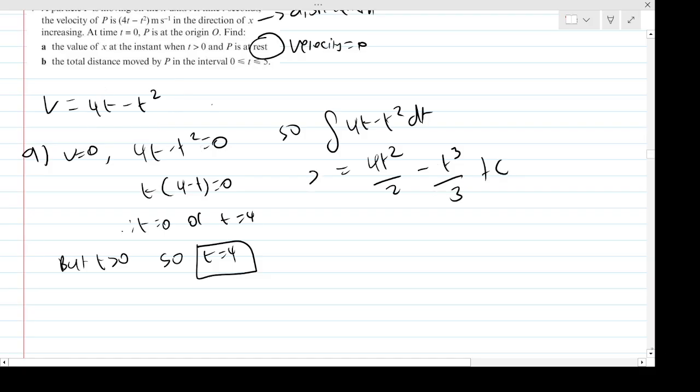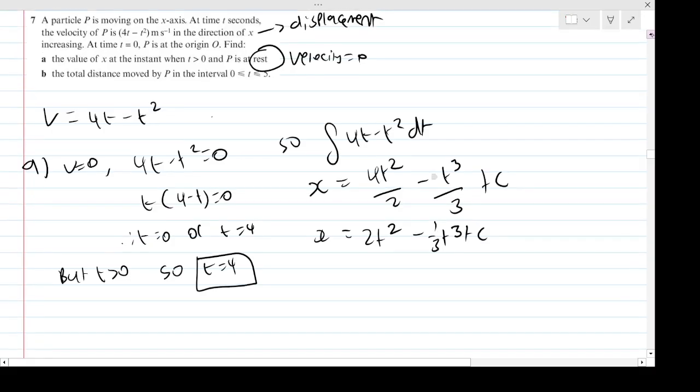And that's my displacement x. Okay, again, it's either x or s they use normally. So then we can simplify it a little bit to help us out. So 4 over 2 goes to 2. So that'd be 2t squared and then minus a third t cubed plus c. Okay, but we need the plus c.